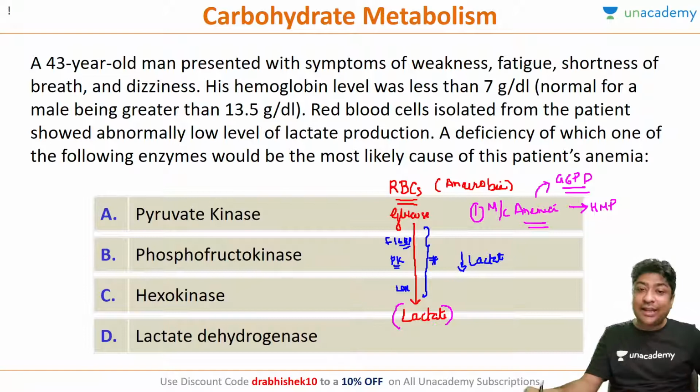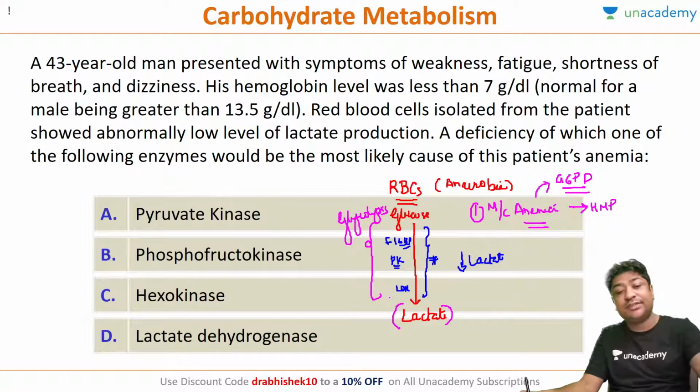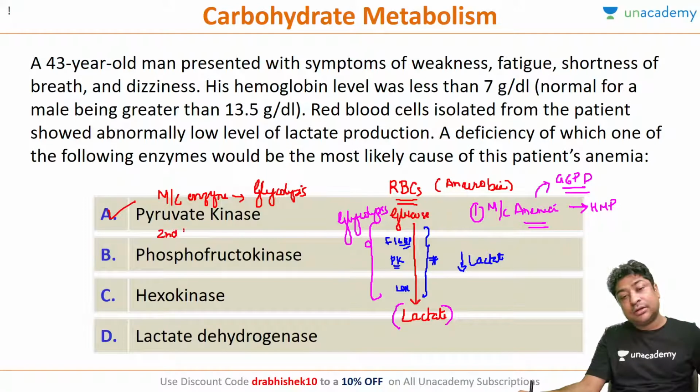So we are looking at any enzyme which is defective in the entire glycolysis. The second most common enzyme deficiency causing hemolytic anemia is pyruvate kinase. Pyruvate kinase is the most common enzyme which is deficient in glycolysis, and it is also the second most common enzyme defect leading to hemolytic anemia.